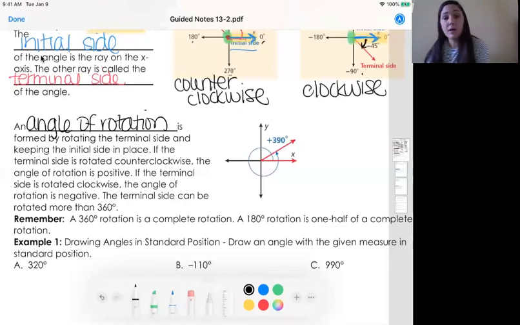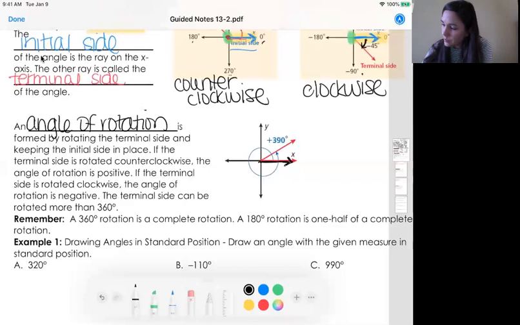The big thing I want you to notice is that angles are not limited to be between 0 and 360 degrees. No, angles can be much, much larger. What that means is that angle has been rotated more than 360 degrees around. So in this example, we've got a 390-degree angle, a positive angle. So we always start, so I've got my initial side here.